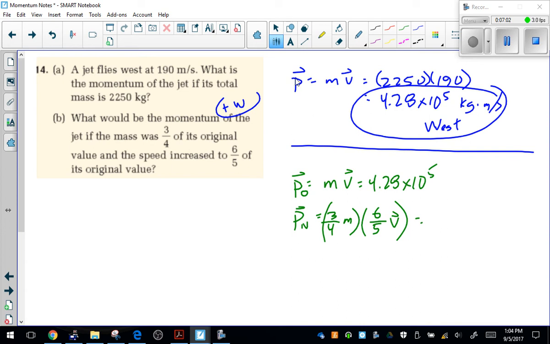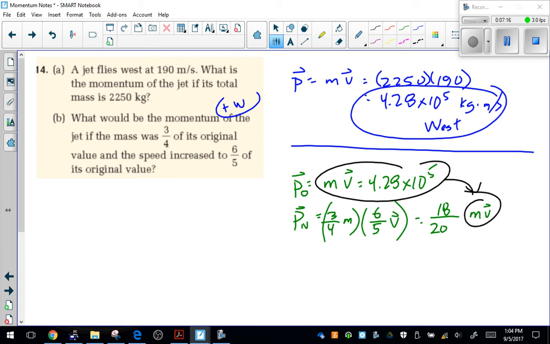Now let's simplify this a little bit. 3 times 6 is 18. 4 times 5 is 20. So we get 18 over 20 times m times v. And we already know what that is. m times v is 4.28 times 10 to the 5. So I'm going to say 18 over 20, or 9 over 10, times 4.28 times 10 to the 5.